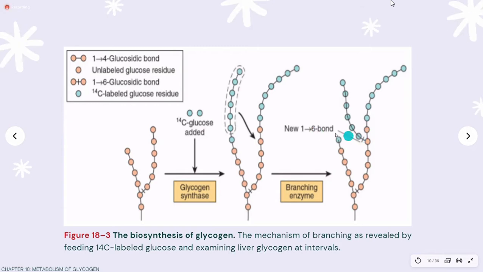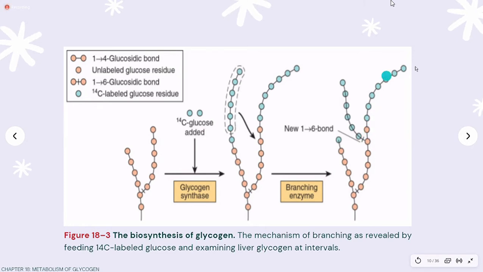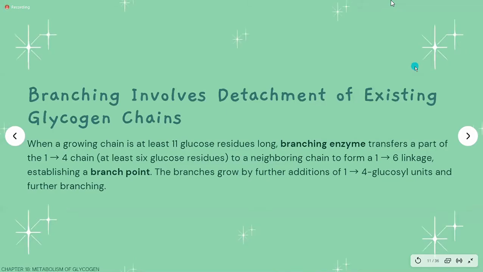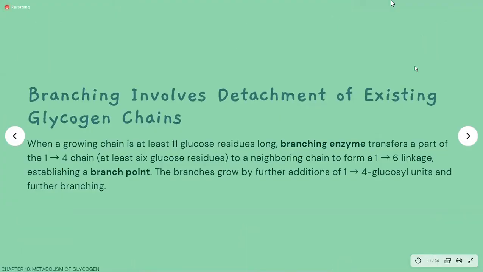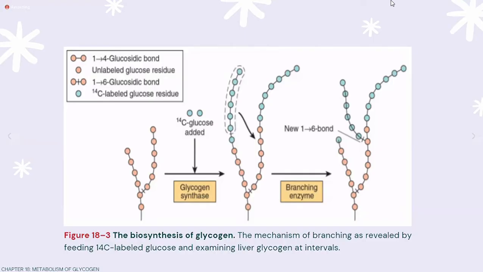Now, this is free to receive glucose units. This one can have another glucose unit, or this one can have glucose units. But always remember, every time you will have 11 glucose units, the branching enzyme will always take 6 units and transfer it to form another 1,6 linkage, a branch.